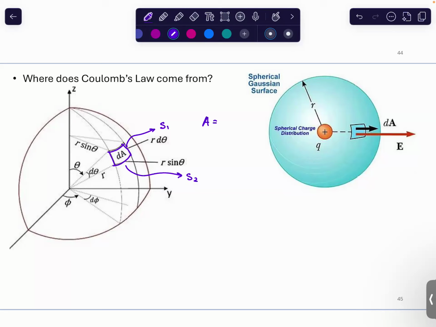How do you find the surface area of a rectangle? Yeah, length times width. So in our case, our differential surface area element is going to be S1 times S2. So arc length 1 times arc length 2. So we need to figure out what those arc lengths are.